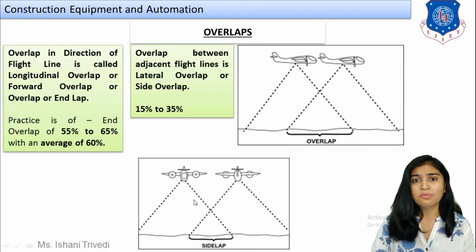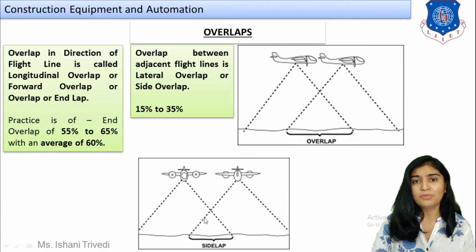Next we have overlap between the adjacent flight lines. We have also discussed that aerial photographs can be taken with a pair of cameras on two different flights. So here we can see one flight is coming towards us and the other flight is going in the opposite direction. This flight is taking a photograph covering this much area in the triangular portion, and the second flight is covering this area.